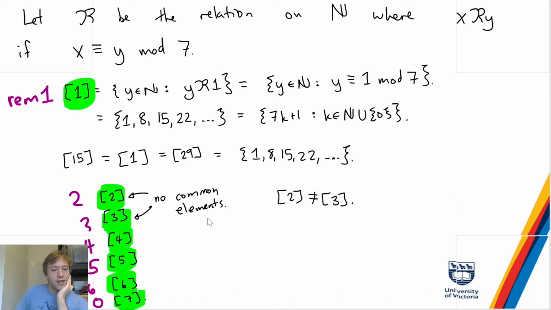Okay. And this is only one example, but this is part of a general phenomenon that happens with equivalence relations. Your equivalence classes are going to break up the set on which the equivalence relation is defined into disjoint pieces. So this is now connecting to the idea of a partition of a set.